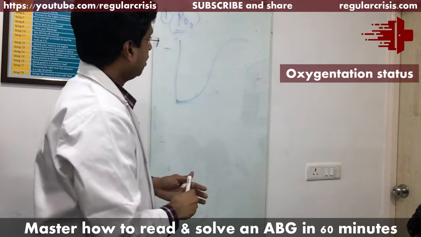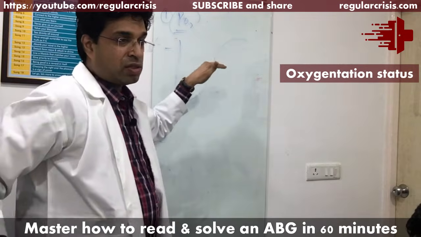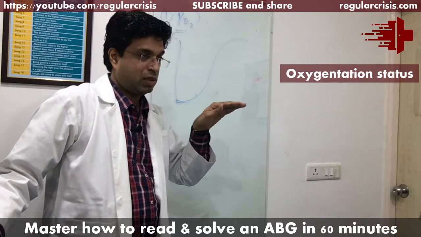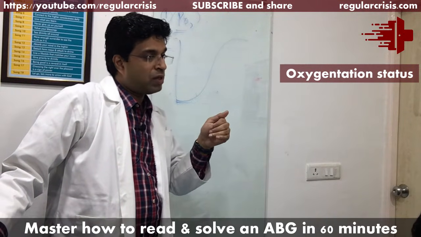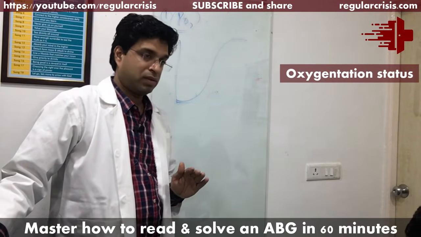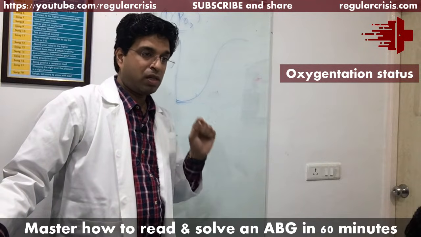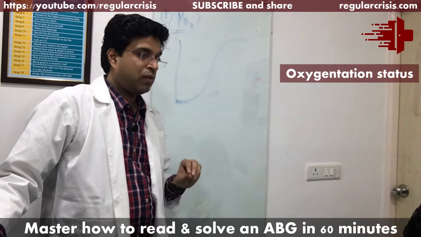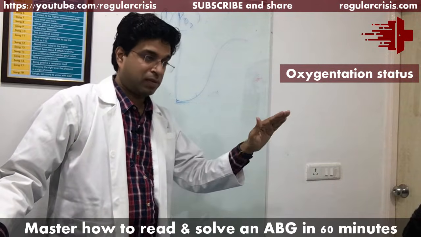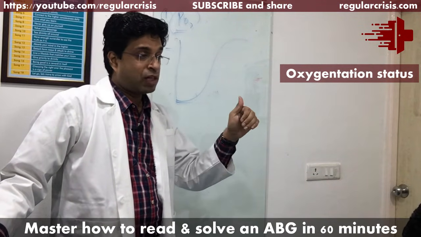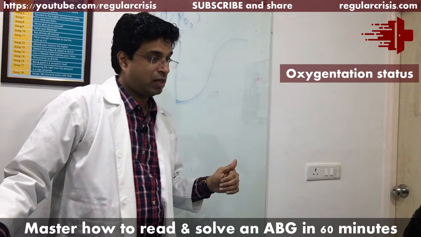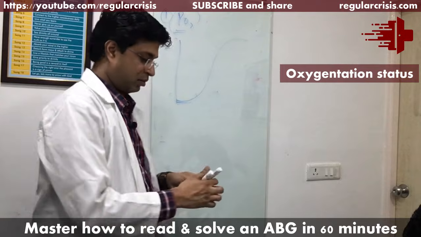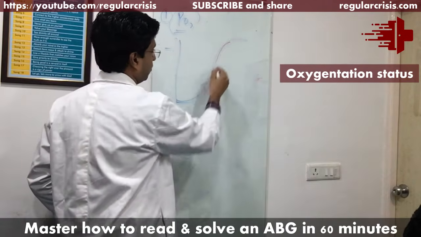Till your saturation, meaning SpO2, is around 90, your PO2 in the blood will definitely be above 60. If your saturation on the monitor is above 90, your PO2 level in the blood will be above 60. But when your SpO2 falls below 90, the PO2 level drastically falls in the blood. This has a steep fall.